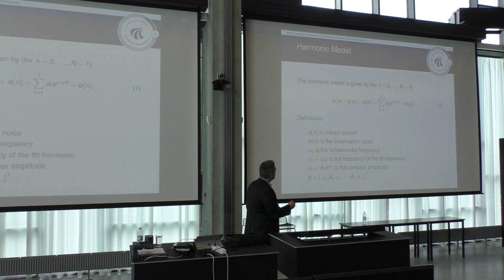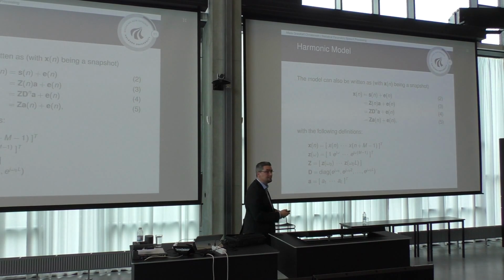And each of these, what you call harmonics, has a complex amplitude. And then we have the noise. So S is the voiced speech, E is the noise, omega 0 is what we call the fundamental frequency or pitch, and then the frequencies are L times omega 0. And we can stuff all the parameters that we might be looking for into this parameter vector here.